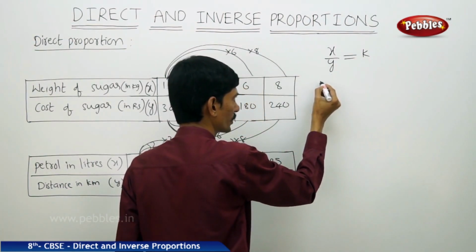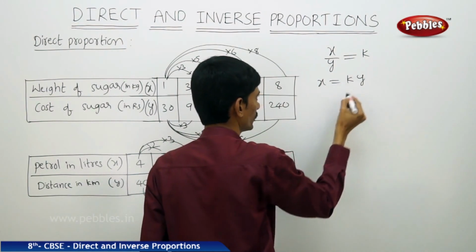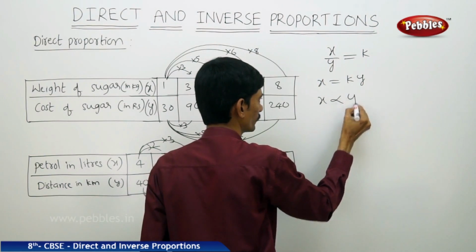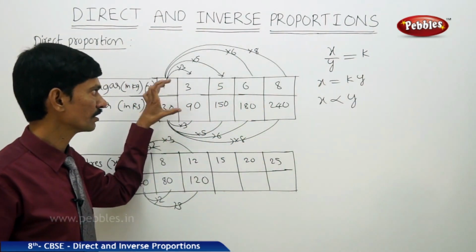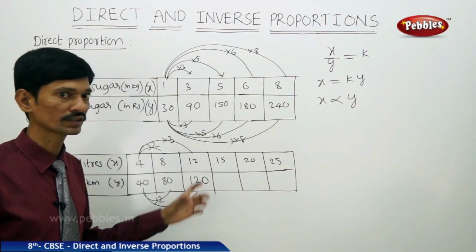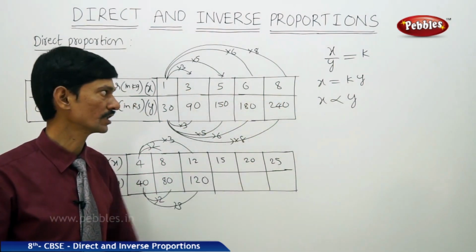Now by cross multiplication we can write x equals k into y. Then this can be written as x is directly proportional to y, meaning the change in the first quantity leads to the change in the second quantity such that the ratio between the two quantities remains a constant.